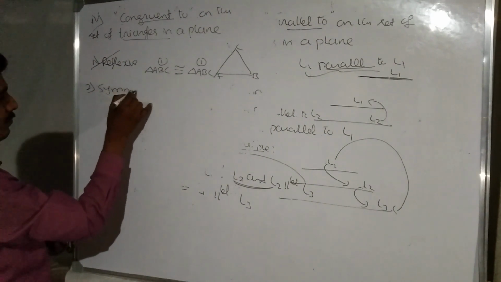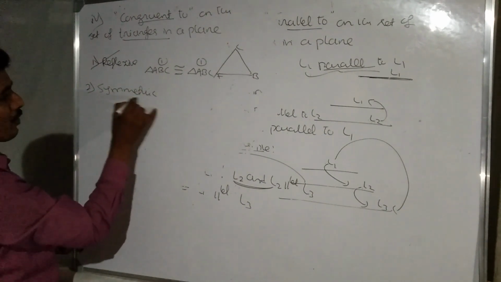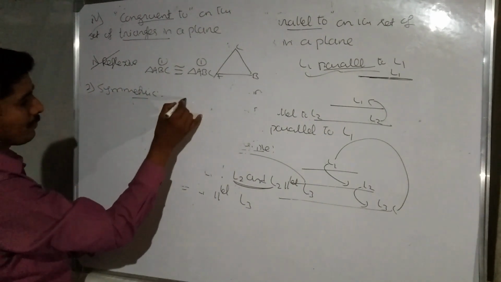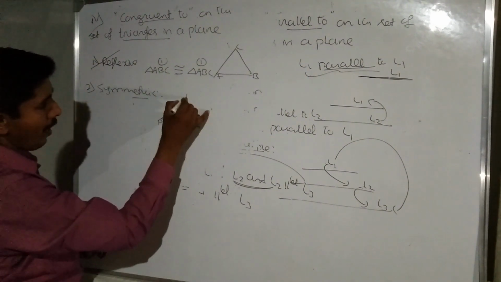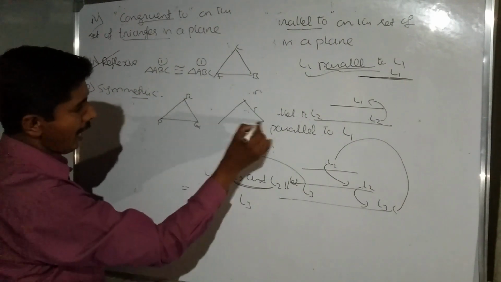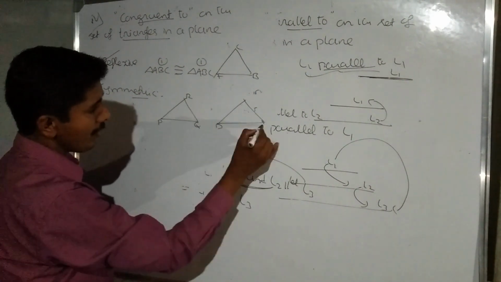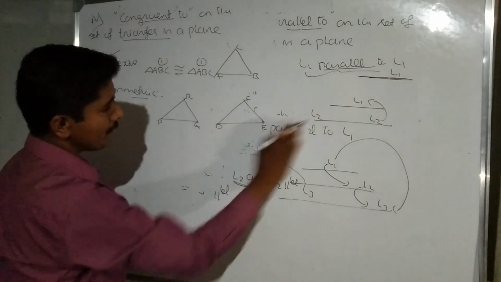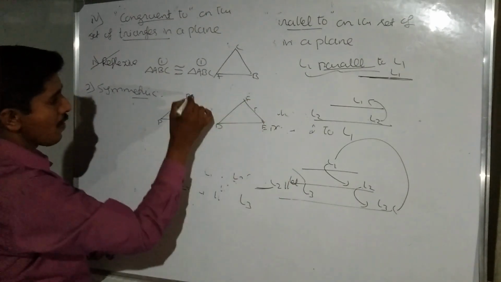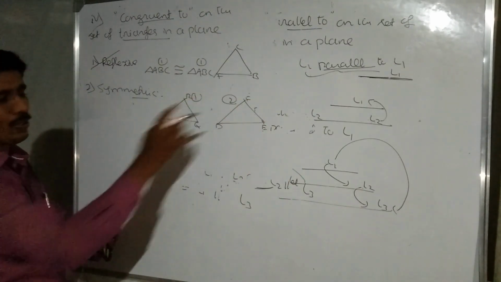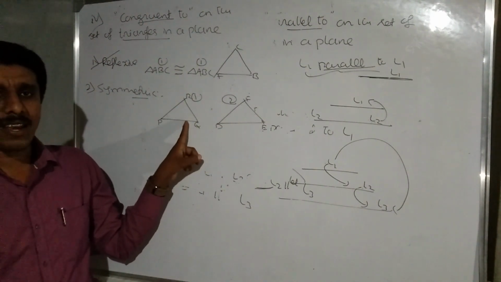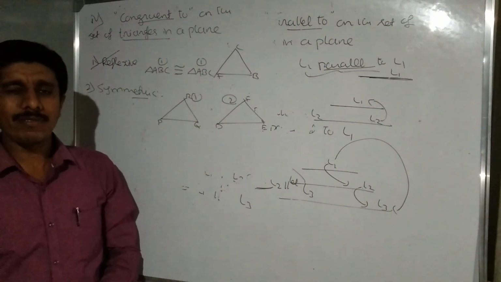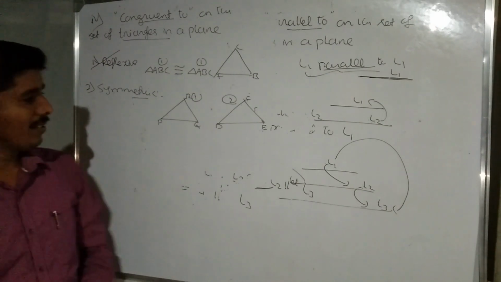Symmetric. Let us take two congruent triangles, triangle PQR, triangle DEF. First triangle, second triangle. Two congruent triangles means corresponding angles are equal and corresponding sides are also equal.